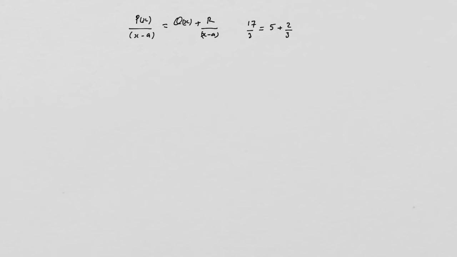Okay, so going back to the polynomials now, if we multiply every term by x minus a, then we'll get p of x equals q of x times x minus a plus r.